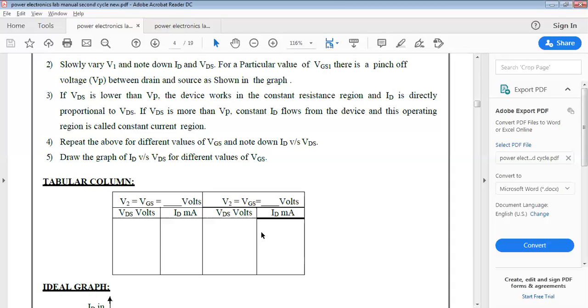After that voltage, the current starts saturating, meaning the current remains constant irrespective of your effort in increasing the supply voltage. Even if the supply voltage is increased, the voltage across the drain to source, that is the voltage across the switch, starts increasing, which results in the current through the switch becoming constant.